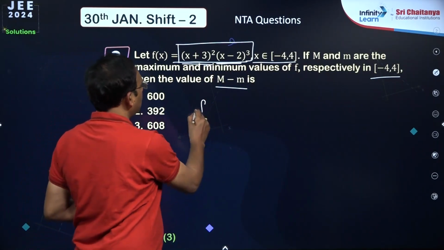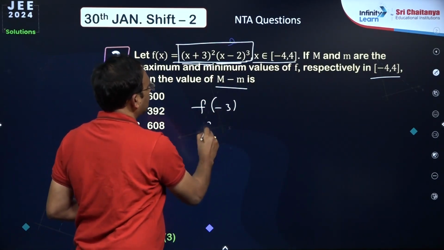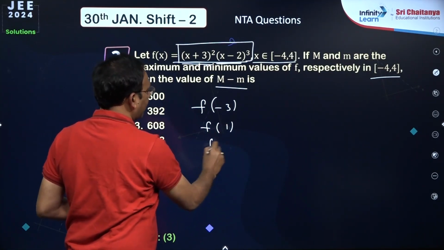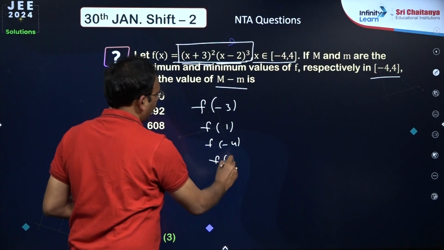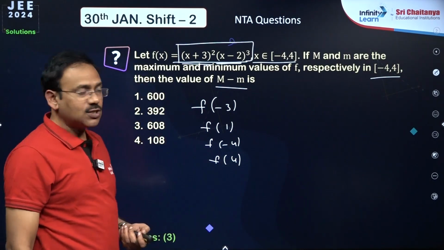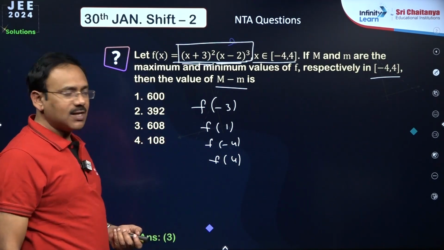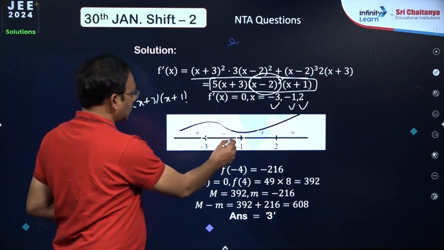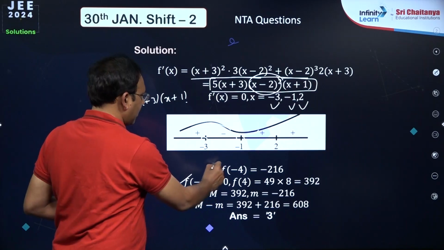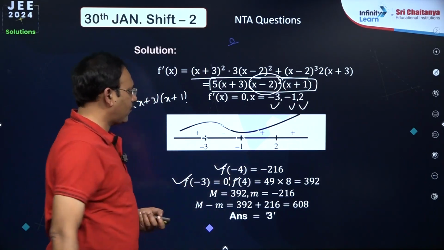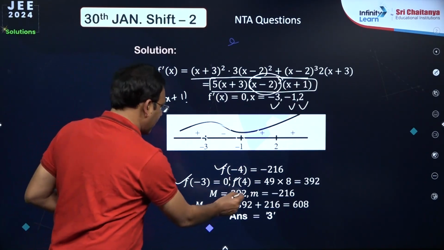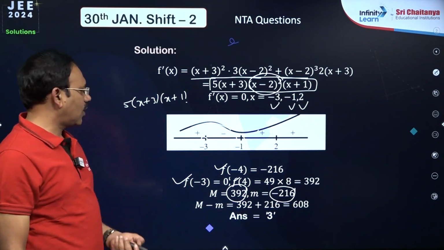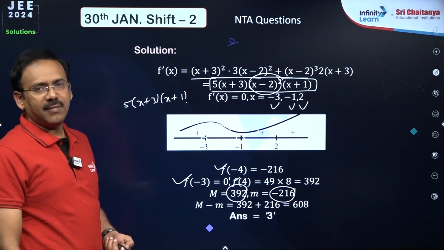So you need to find f of minus 3, f of minus 1, f of minus 4 and f of 4. The largest one is going to be capital M, the smallest one is going to be small m. We found that the maximum value is 392, the minimum is minus 216. So your answer is going to be 608, my dear friends.